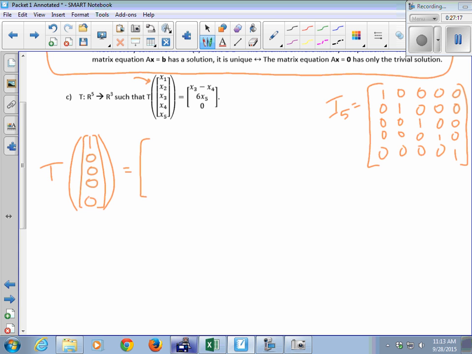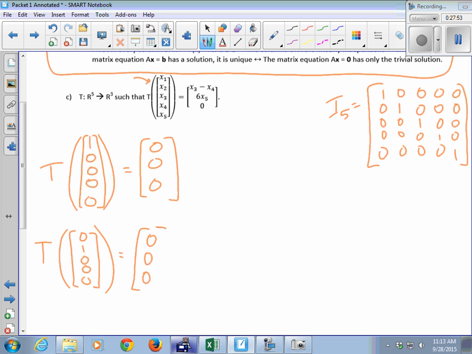All right, so T of 1, 0, 0, 0, 0. x3 minus x4: x3 and x4 in this case are both 0, so you get 0. 6x5 is 0 because x5 is 0 here. And then 0. So the first column of my standard matrix will be 0, 0, 0. Then T of 0, 1, 0, 0, 0: x3 minus x4 is 0, 6x5 is 0, and the third entry is always 0.